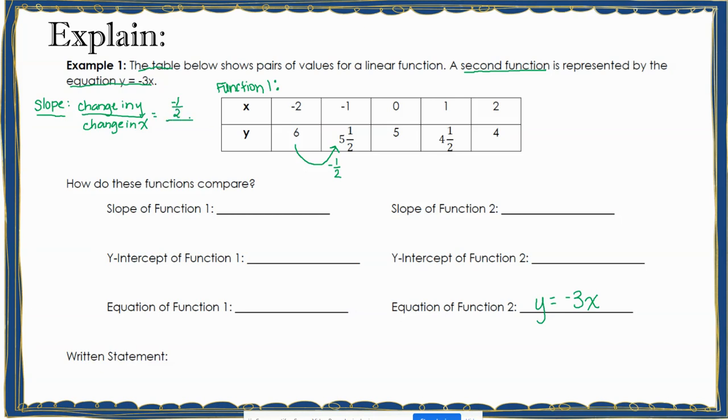And this is going to look strange because we're going to have a compound or complex fraction here, but that happens sometimes where you have fractions within fractions. Now, when y went down 1/2, we need to figure out at the same time what x was doing. So x went from negative 2 to negative 1.